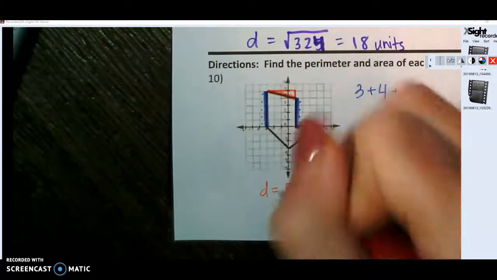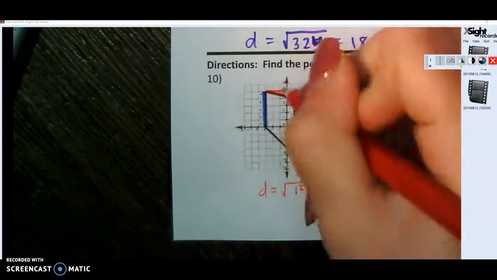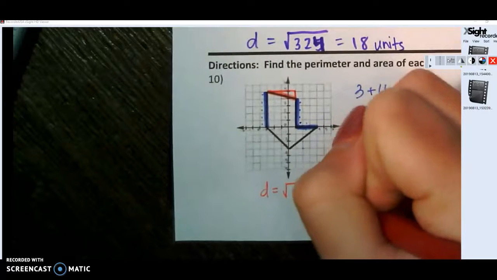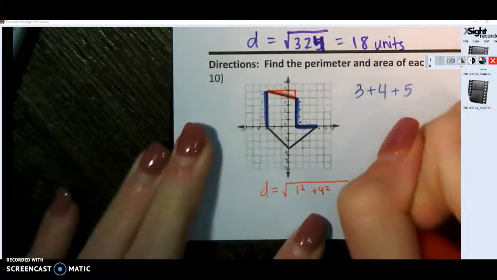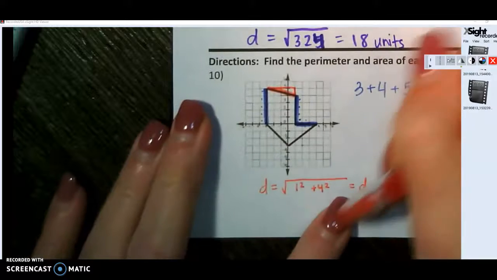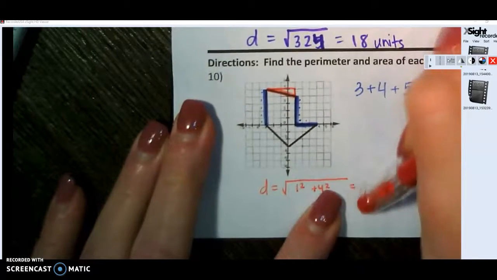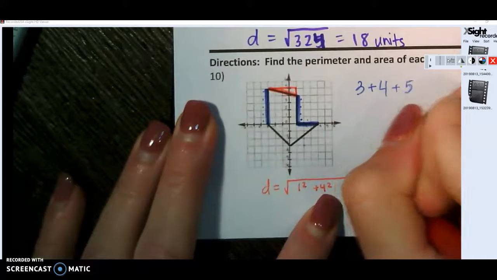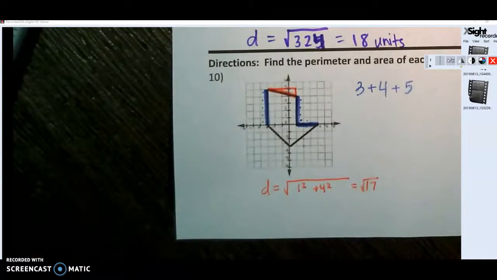It looks like that's a length of 1, and that's a length of 1, 2, 3, 4. So this has a distance equal to the square root of 1 plus 16, which is radical 17.